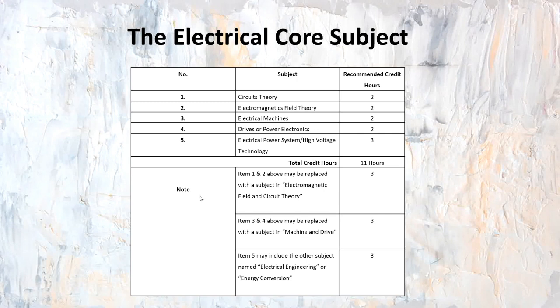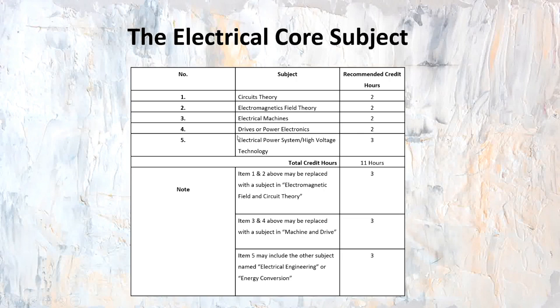It is also noted here that the subjects of circuit theory and electromagnetic field theory can be replaced with a subject in electromagnetic field and circuit theory with 3 credit hours recommended.